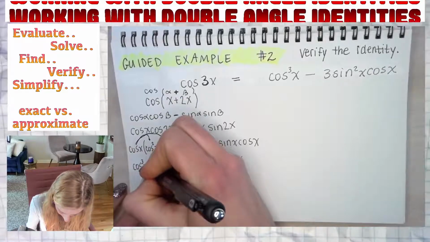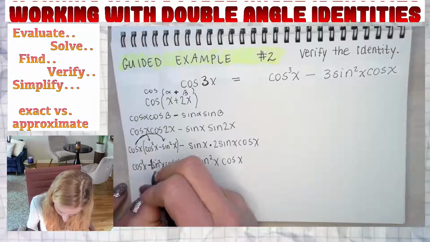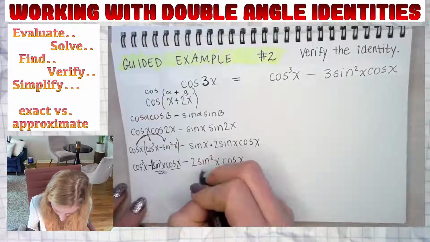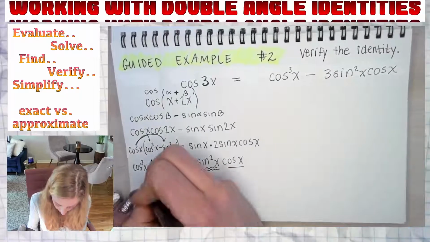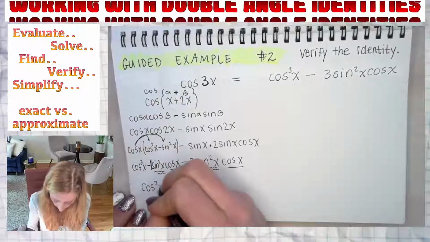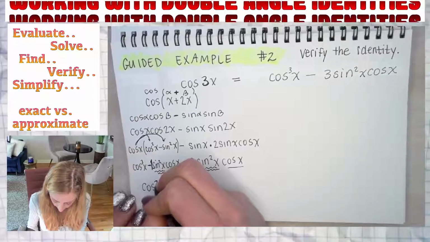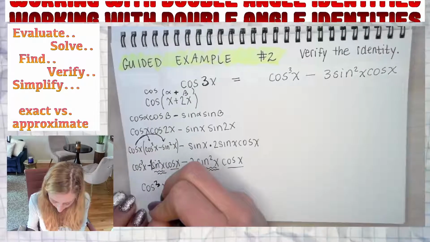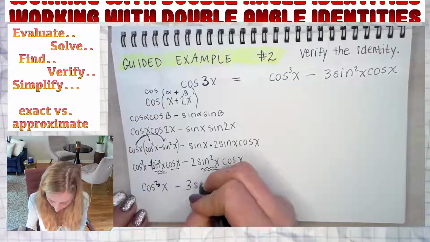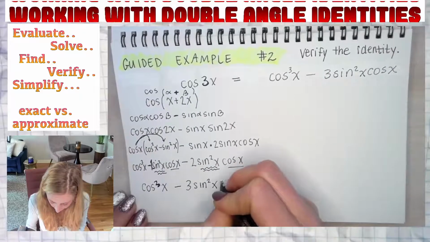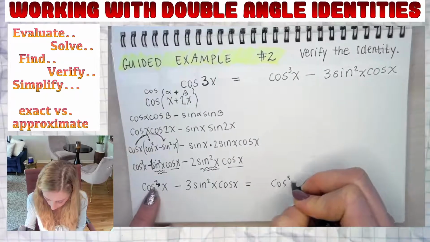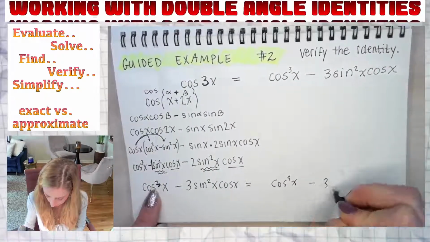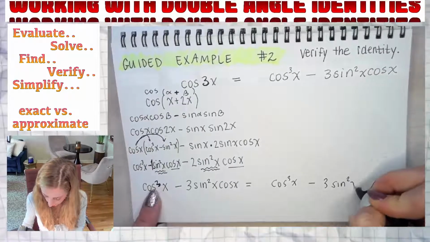So that's really got an invisible -1 in front. They're both sine squared, cosine, sine squared, cosine. Combine like terms. What are we left with? Cosine, sorry, that's a 3. Cosine cubed x minus 3 sine squared x cosine x equals cosine cubed x minus 3 sine squared x cosine x.